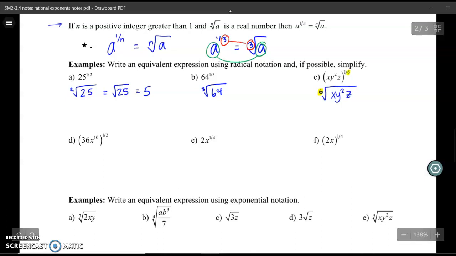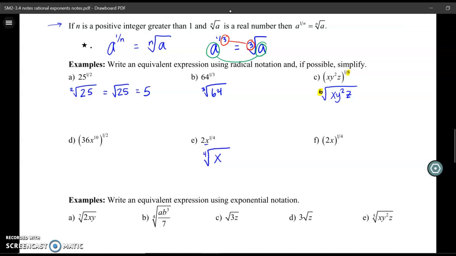Okay. Let's jump down to example E. This one is a little bit different. So we have to be careful with E. E is different than C because in C, the x, the y, and the z were all raised to the 1/6 power. In E, only the x is being raised to the 1/4 power. So when we go to write the radical, we're only going to put the x in there. Okay, and we'll put the 4 right there because it matches up.